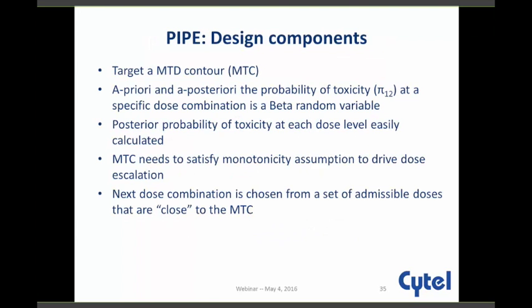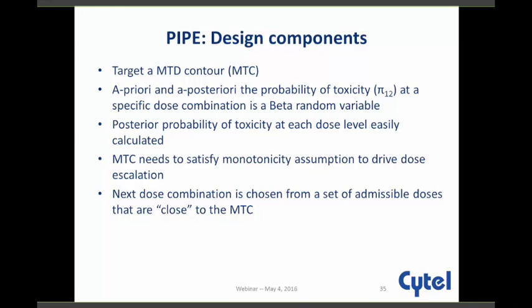And then the other method that we have considered is the PIPE design. In this particular design, we are targeting a so-called MTD contour, or an MTC. This is a contour with risk of toxicity for those combinations being a pre-specified target toxicity level.